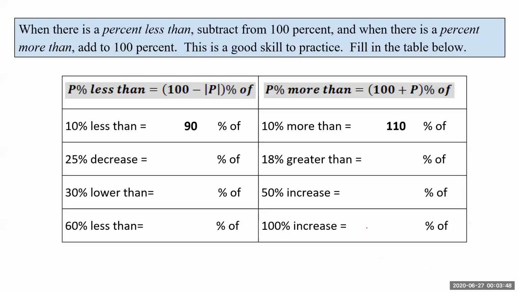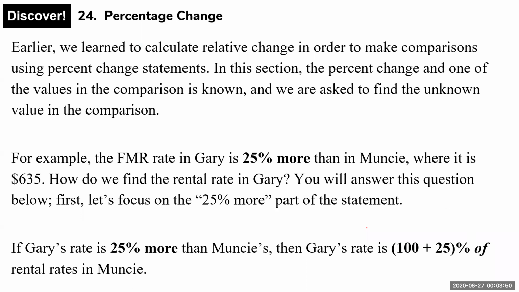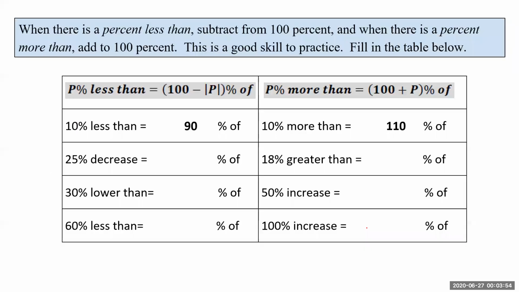We will come back to this problem, but before we look at it, I want you to understand some of these phrases and how they are used. If I say 10% less than, that means I will take 10% from 100. So 100 is the whole, and anything less, we take from 100. Now, if it says 10% more, you add to 100.